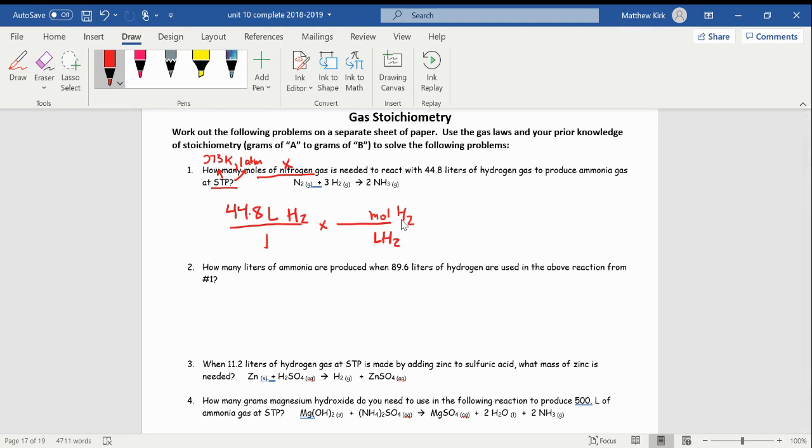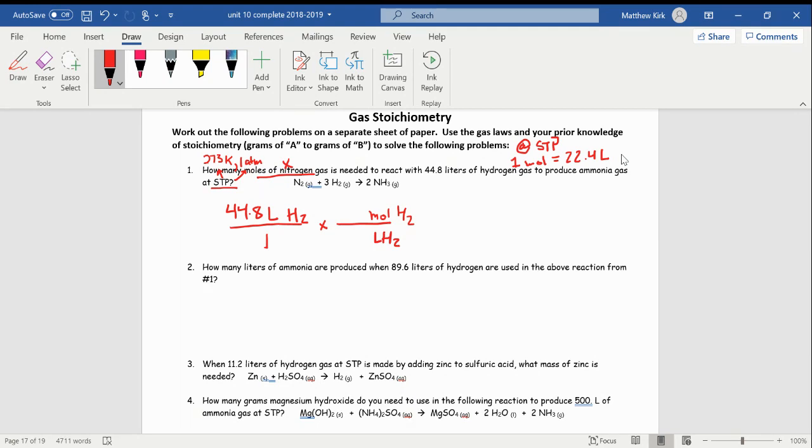Talked about this back with the ideal gas law, but remember that at standard temperature and pressure, 1 mole of any gas has a volume of 22.4 liters. So that's going to be our conversion factor between liters and moles.